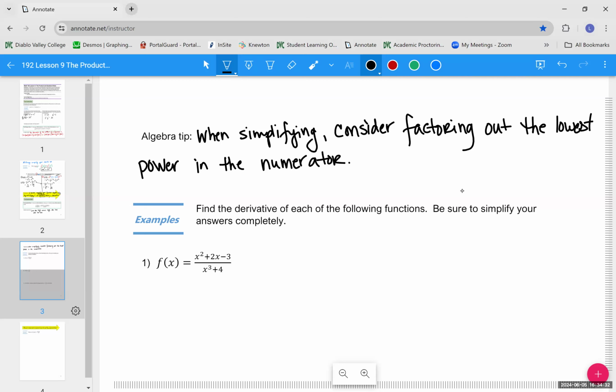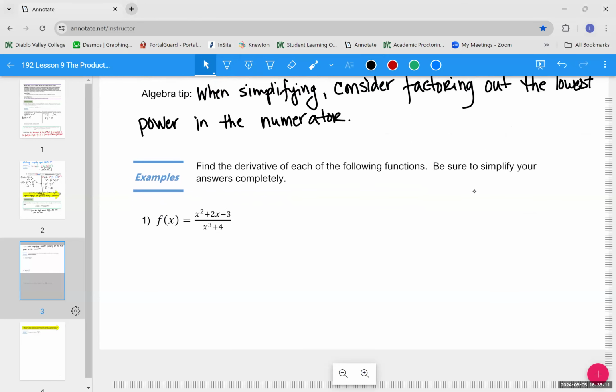And I will show you, I think I've got an example of that coming. I think we do, so that's good.